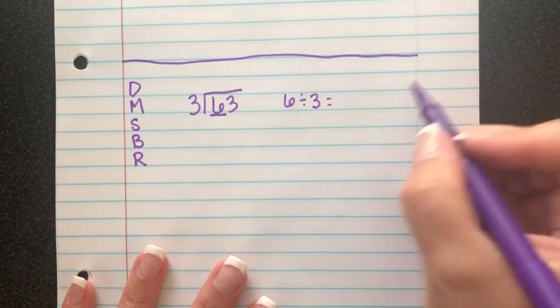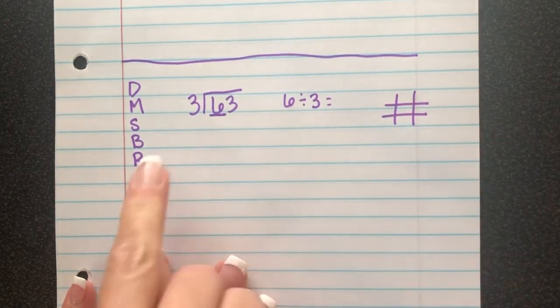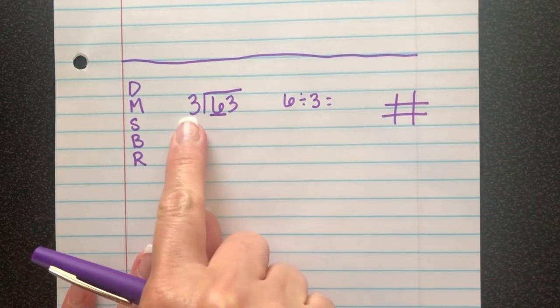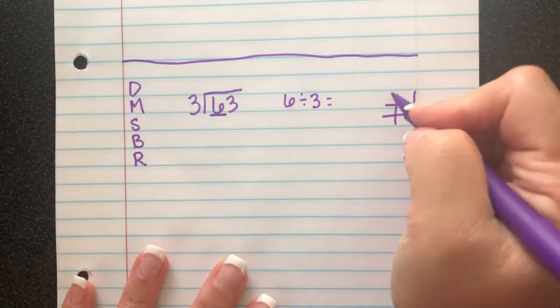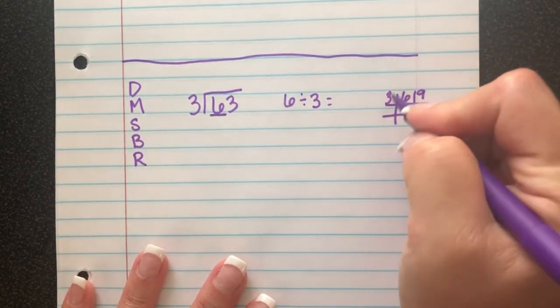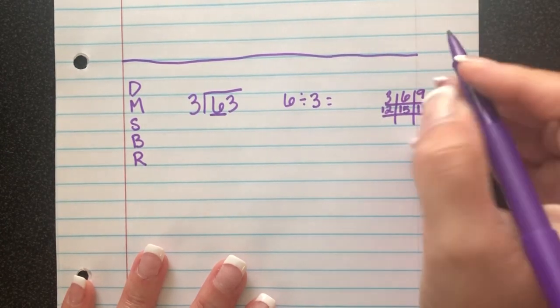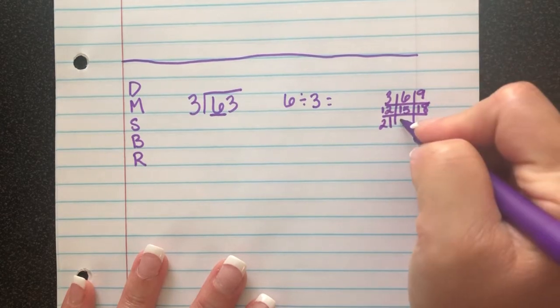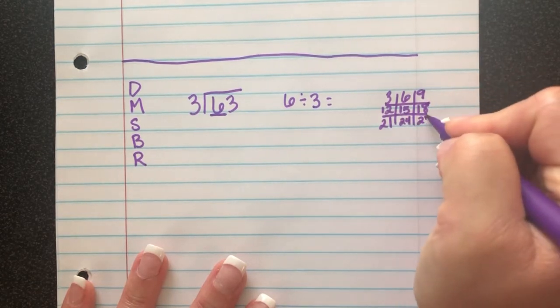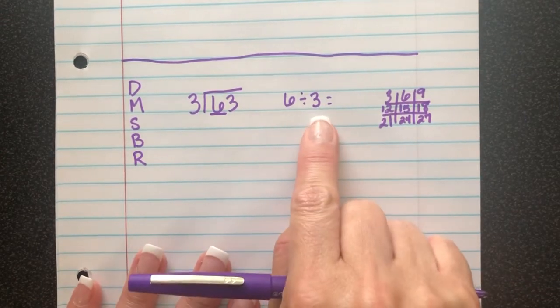If I'm having trouble with my facts, I'm going to use multiples of 3 because my divisor is 3. So I have 3, 6, 9, 12, 15, 18, 21, 24, and 27. So I want to divide 6 divided by 3.